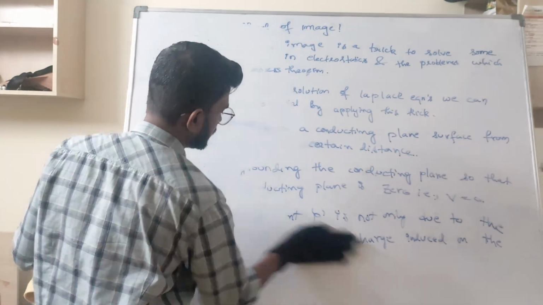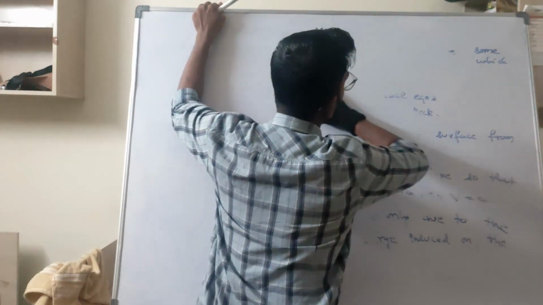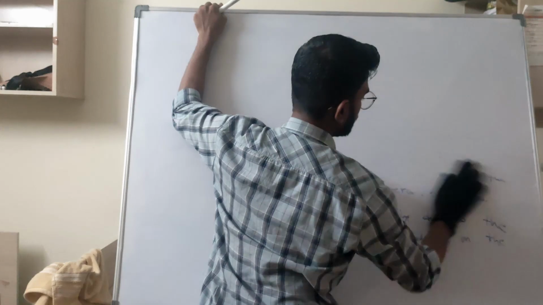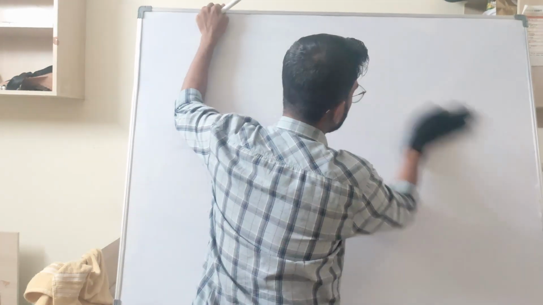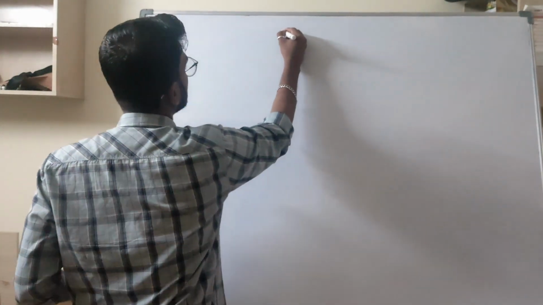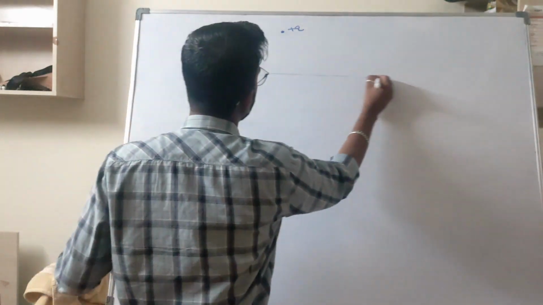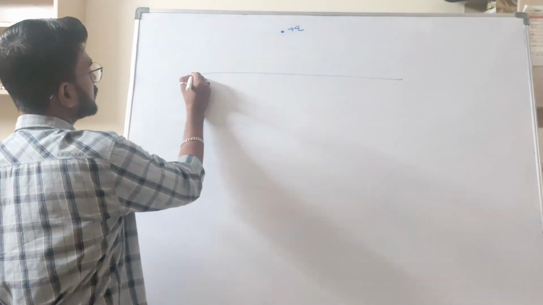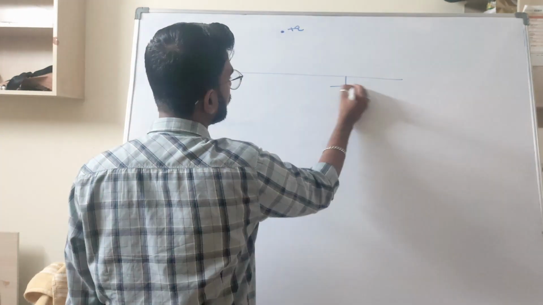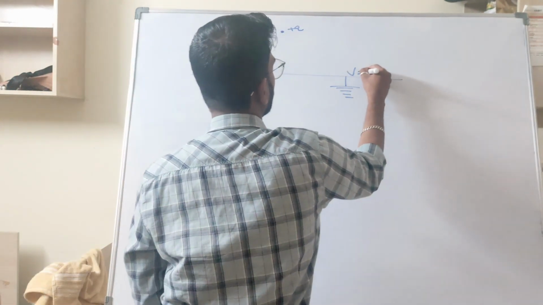I will give one example. Suppose you take a conducting plane, and there is a point charge q present at a certain distance d. This conducting surface is grounded. Grounded means the potential V is equal to 0.